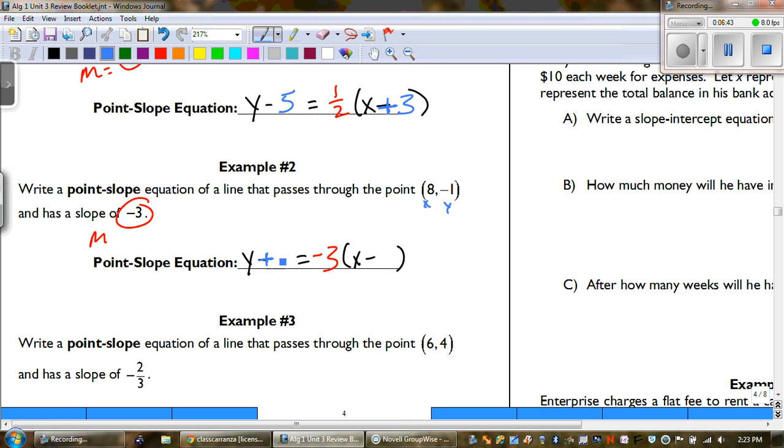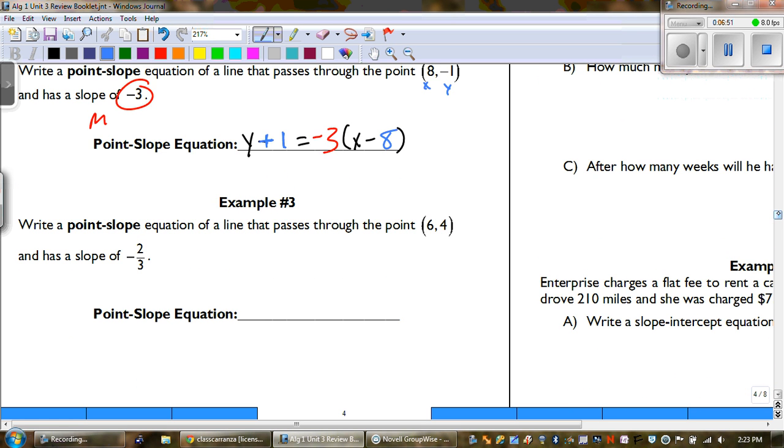It's a -1, we change that to a positive, and then the x is just 8. Okay. Why don't you guys try number 3 and see if you can get it all on your own. Okay, that's where the 4 and that's where the 6 goes, and then the slope is -2/3.